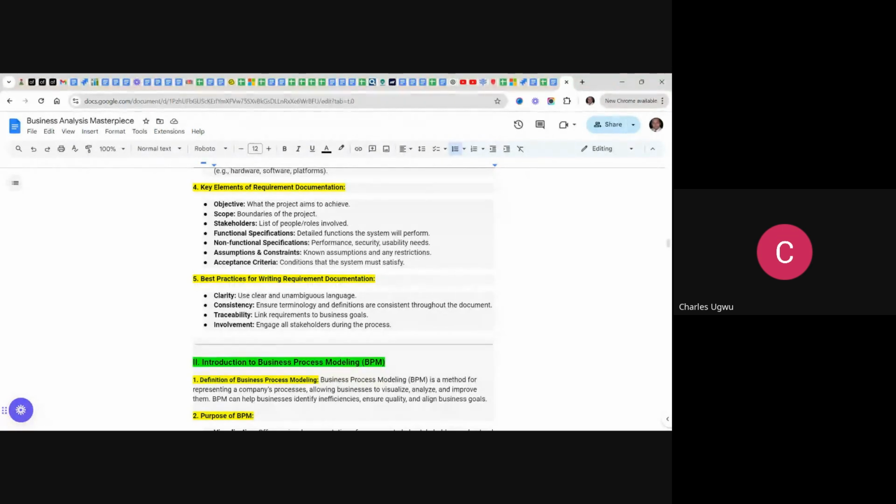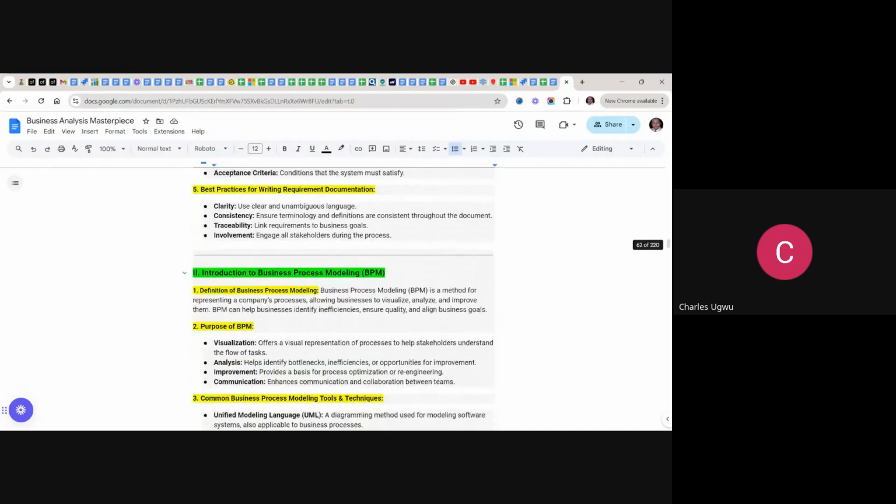Use clear and unambiguous statements. Consistency: ensure terminologies and definitions are consistent throughout the document. Traceability: link requirements to business goals. And involvement: engage stakeholders during the process.